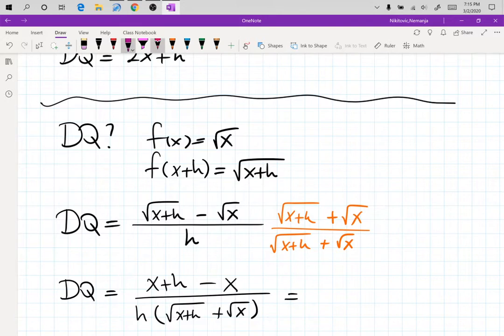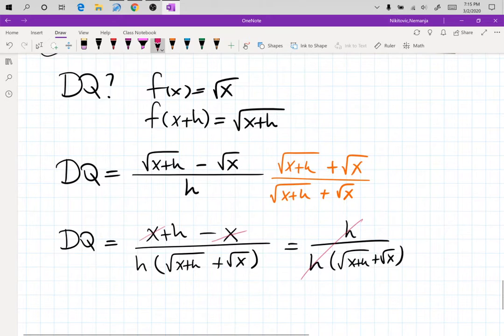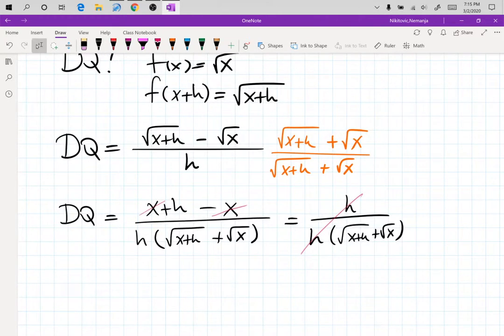The x's on top will drop, as you can see, leaving us with what? h, which can be cancelled by the h in the denominator. And when these h cancel, you are left with the answer, which is 1 over square root of x plus h plus root x.